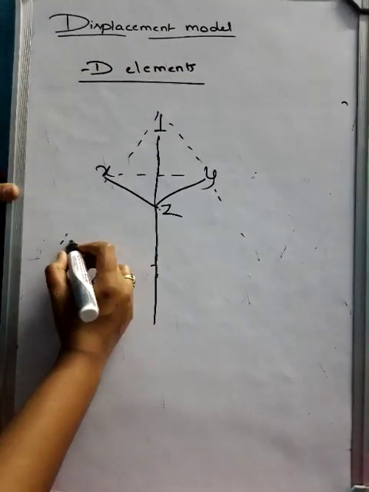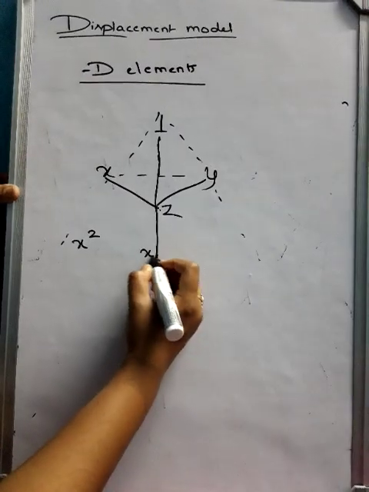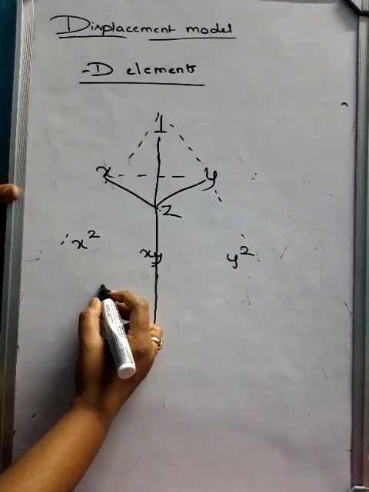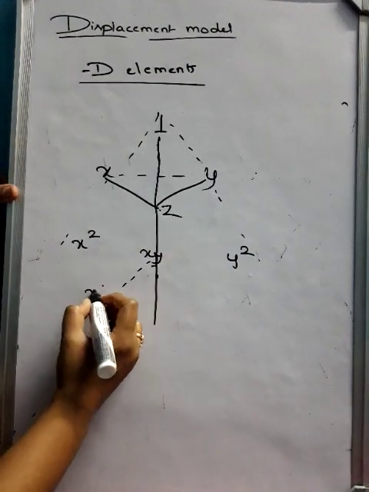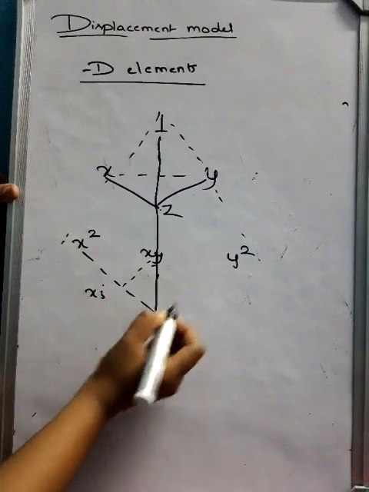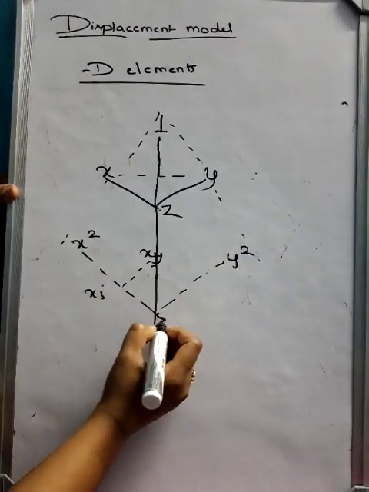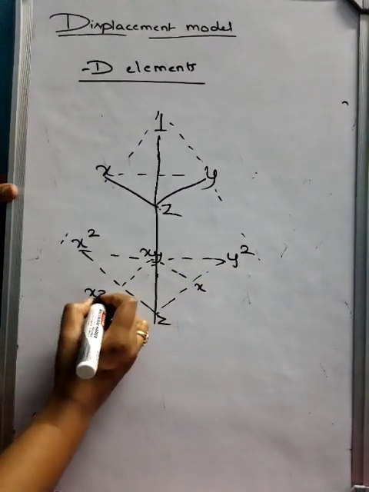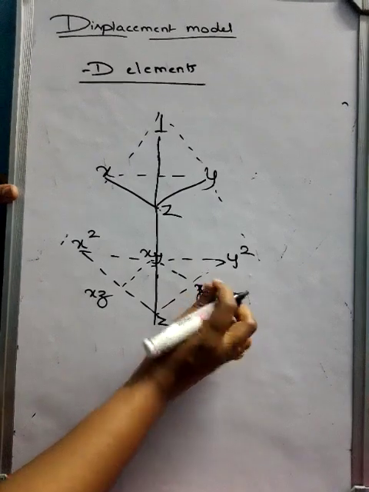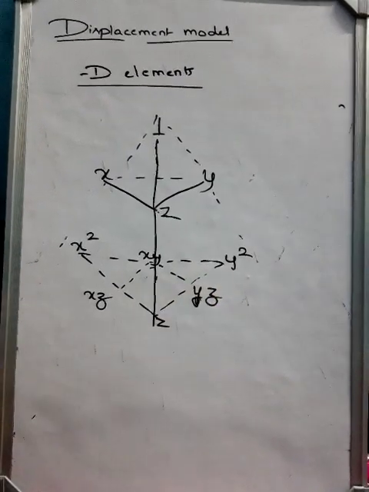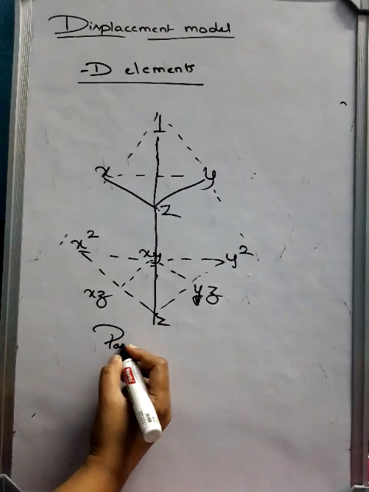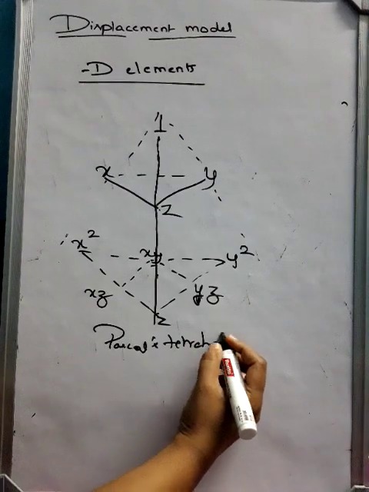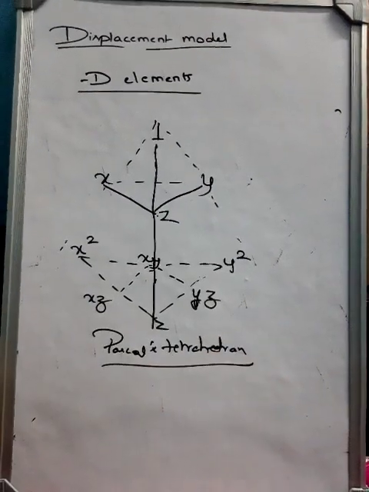So this is x square, xy, y square, and here we'll be getting xz. So this is z, this is xz, this is yz. So this is the Pascal's tetrahedron.